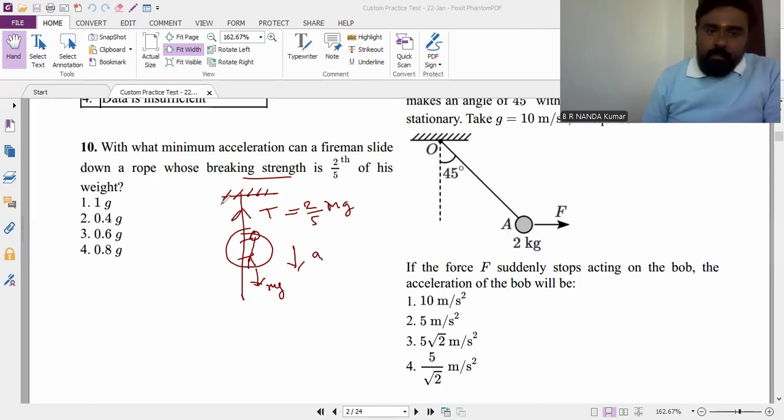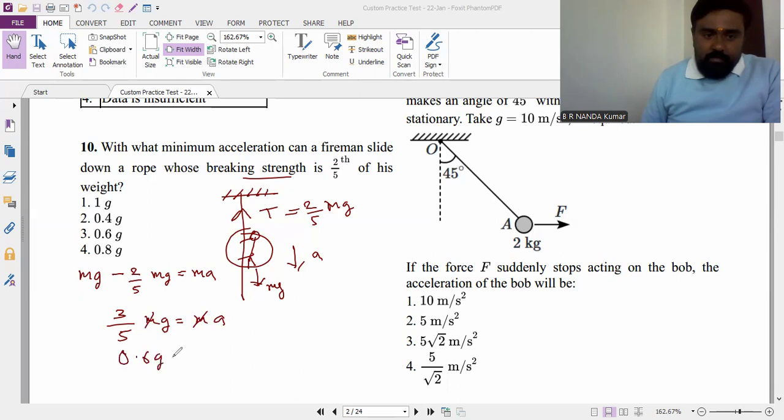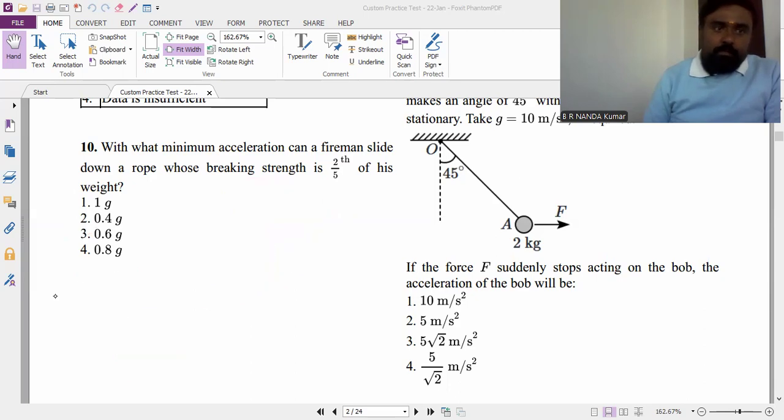Tension and mg act on the person, but which one is greater? He is moving downwards, so mg is more. Net force is mg minus T. T is 2/5 mg, so that is equal to ma. So 5 minus 2 is 3. So 3/5 mg is equal to ma. The m cancels, so a is 3/5 g, 0.6 g. The acceleration is 0.6 g. The right answer is the third option.